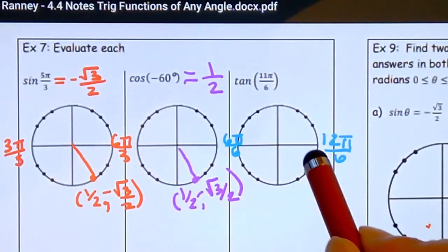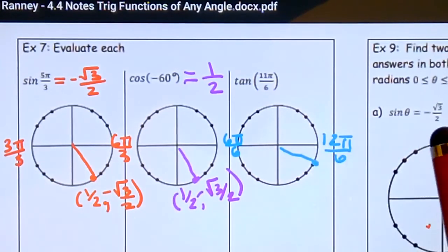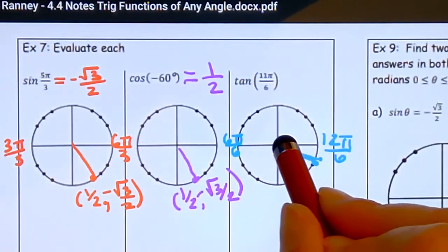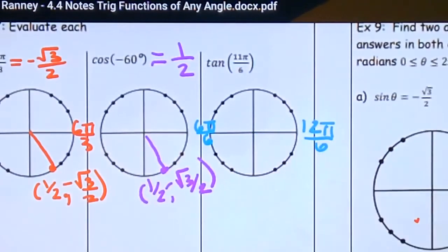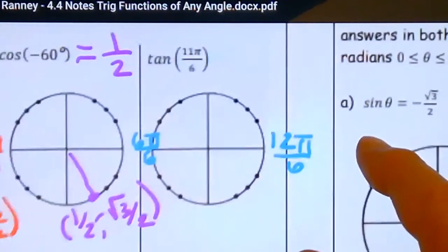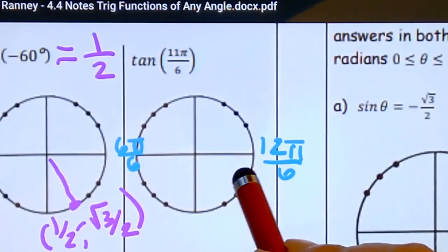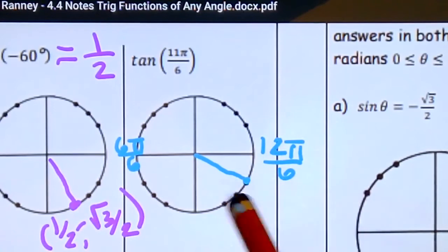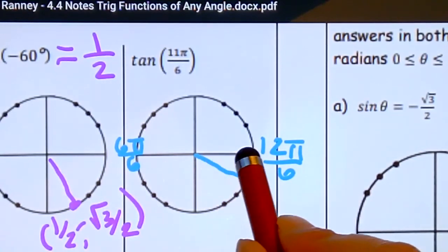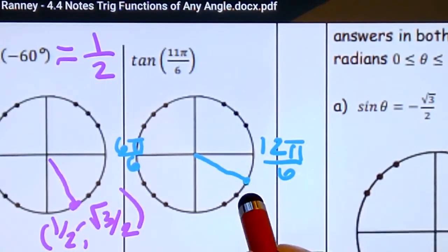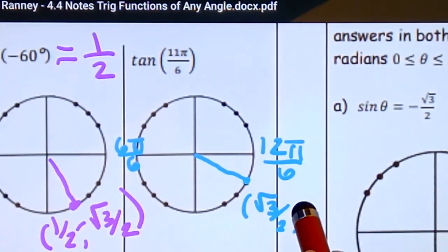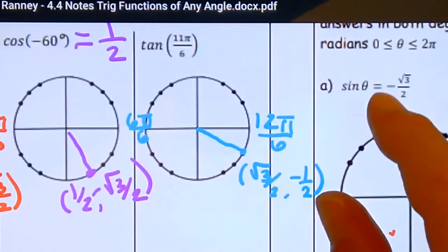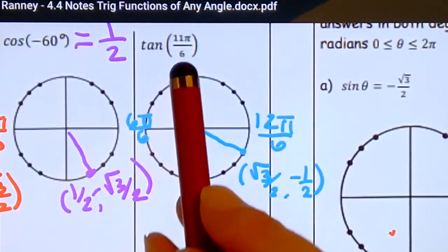So this point right here, that would be our 11 pi 6, okay? Let me draw it so it actually touches that point. This is going to touch here and go here. And so this is going to be long, comma, short. So long is √3/2, and my short is going to be negative 1/2. And that's going to be the coordinates of my 11 pi 6.